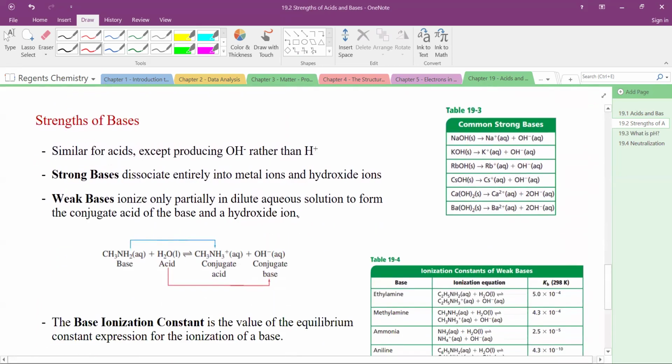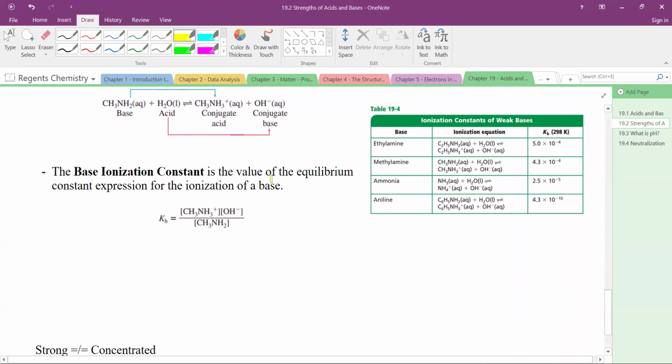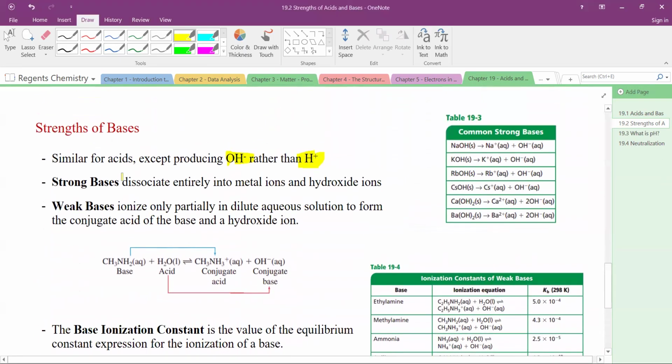Okay. Let's talk about strength of bases. It's really very similar to acids, except when we're dealing with bases, we're dealing with hydroxide rather than H plus. And in fact, whenever you are dealing with bases, you can consider them to be mathematically identical to acids, except we're talking about hydroxide rather than H plus. Okay. So strong bases are bases that dissociate entirely into metal ions and hydroxide ions, right? So again, that full dissociation.